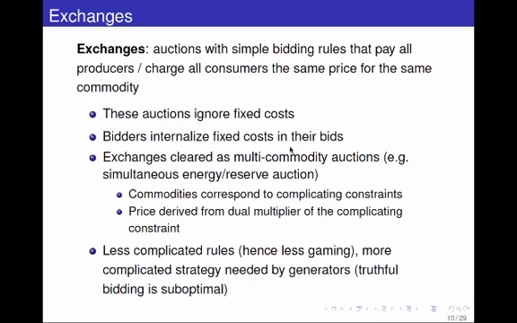Do the auction the same way we've seen in real-time markets, and let people deviate from truthful bidding. Say, submit a fuel cost, which is not really just a fuel cost; it's more. But at least the auction is simple. Now, the advantages of this are that the rules are not too complicated, and that's good because there are fewer gaming opportunities.